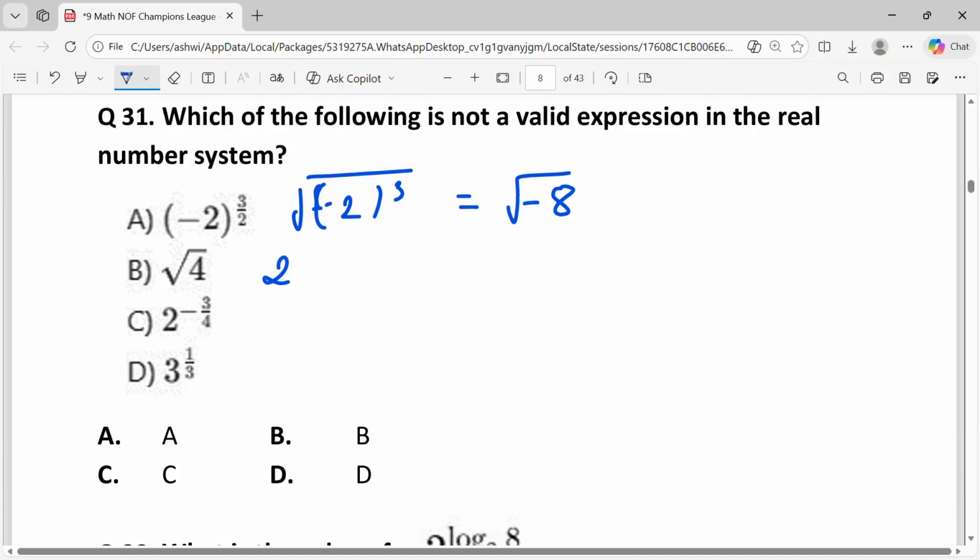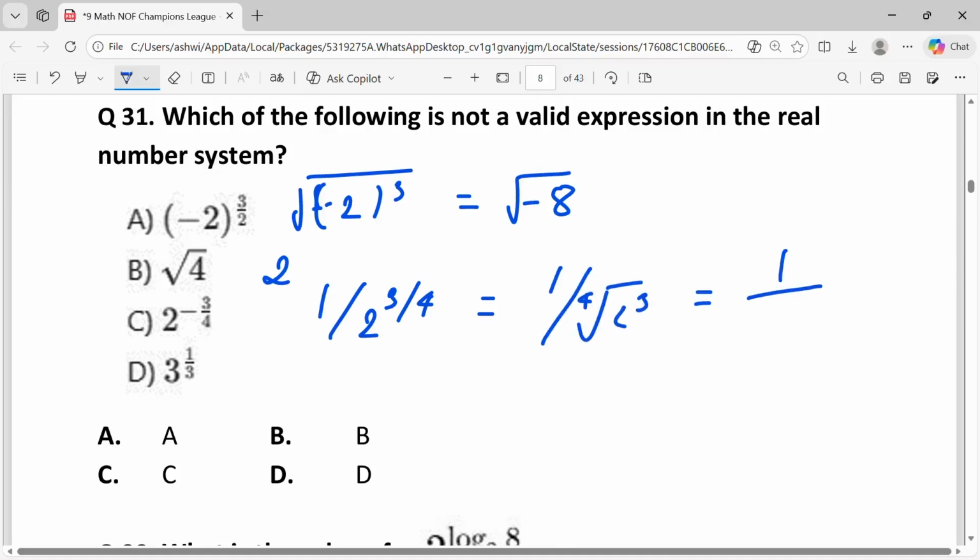C, 2 to the power minus 3 by 2 is equal to 1 upon 2 to the power 3 by 2, which is equal to 1 upon 2 root 2 cube, which is equal to 1 upon 4 root 2, which is a real number. D, 3 to the power 1 by 3, which is equivalent to cube root 3. So the answer is A.